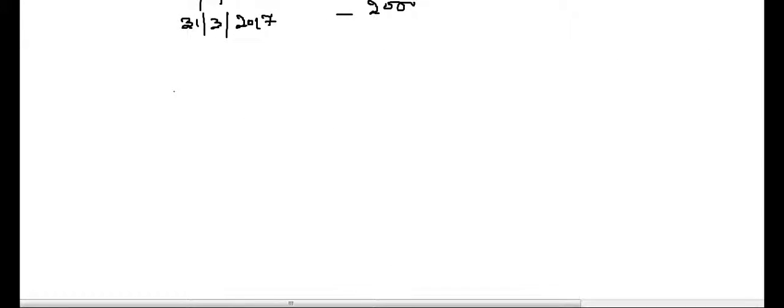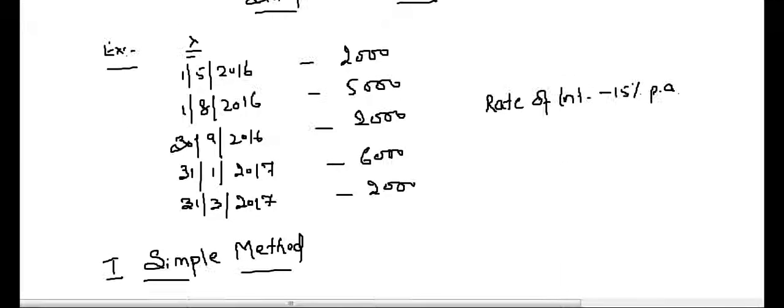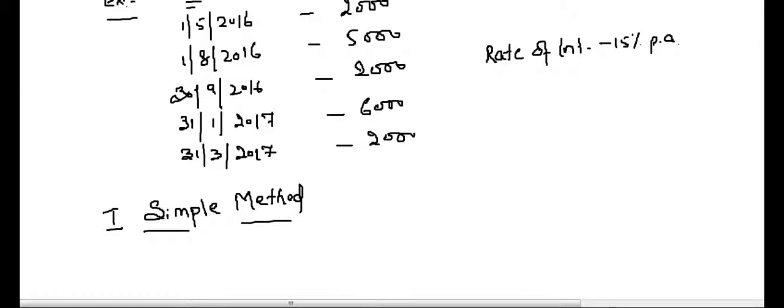Clear? First we will take up the simple method. The simple method says calculate interest on drawings on each date. That is, calculate interest for every drawing, considering that it is the only drawing in a year.